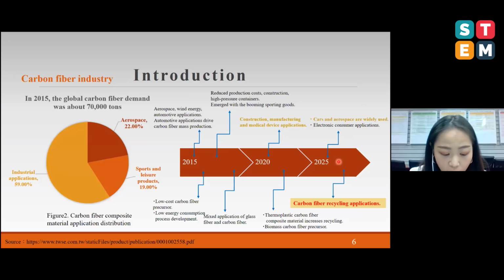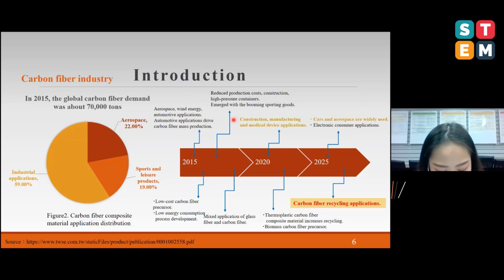And then we can look at this timetable. It shows the application and future development of carbon fiber composite materials.